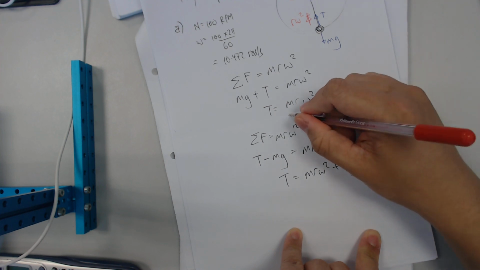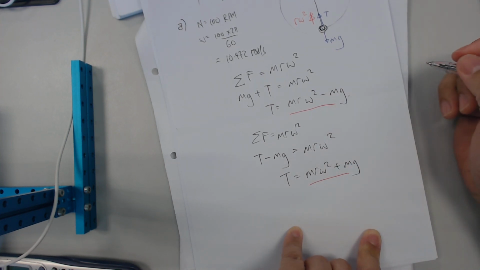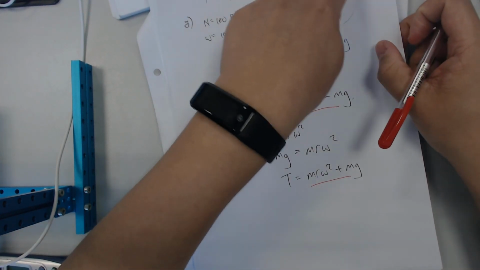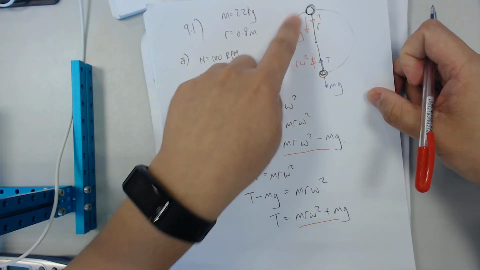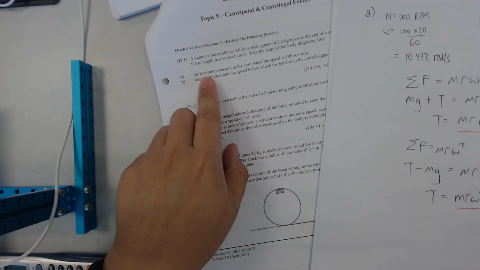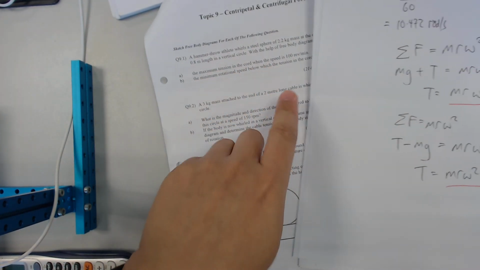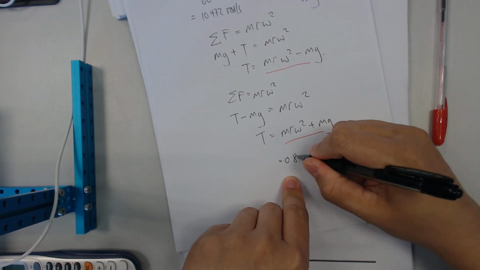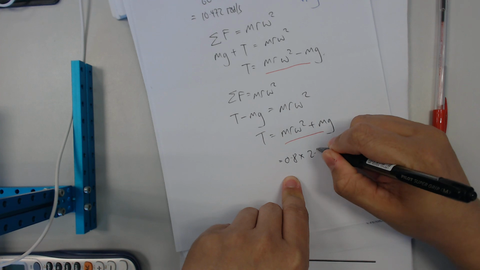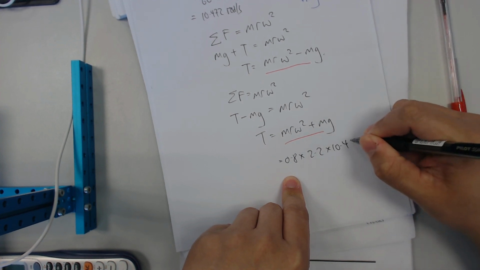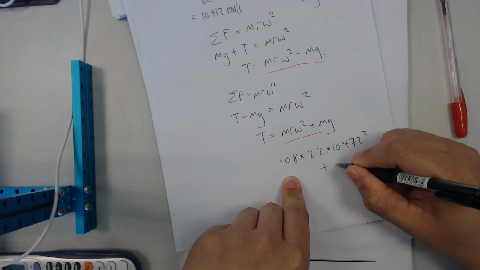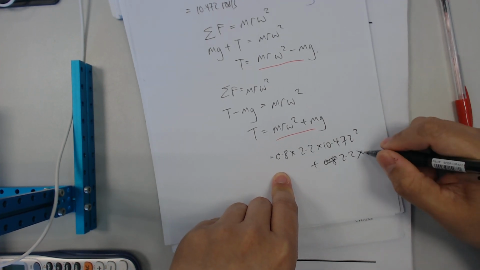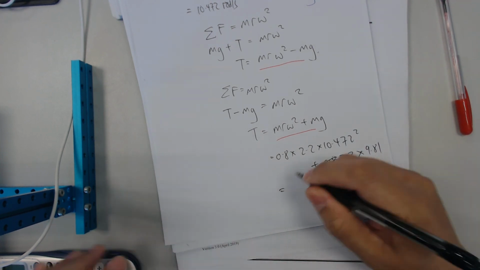Comparing the top position with the bottom position, the bottom position will have a higher tension. In fact, across the whole circular path, it has the highest tension value. So what is the maximum tension? The maximum tension occurs at the bottom position, and you can find it: 0.8 times 2.2 times 10.472 squared plus 2.2 times 9.81.